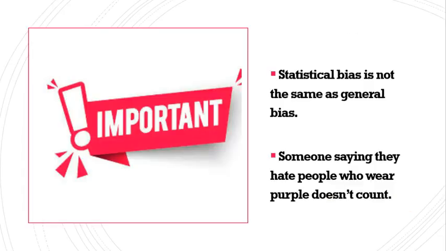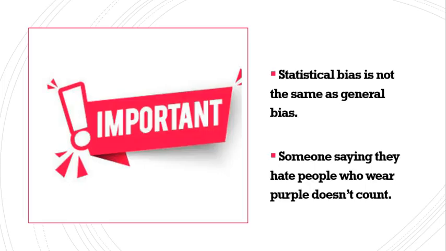Now this is important for you to know. Statistical bias is not the same as general bias. When we think about the word bias, we think about having feelings towards or against certain people. Like I might be biased towards my friend, thinking that they're the greatest person in the world because they're my friend.